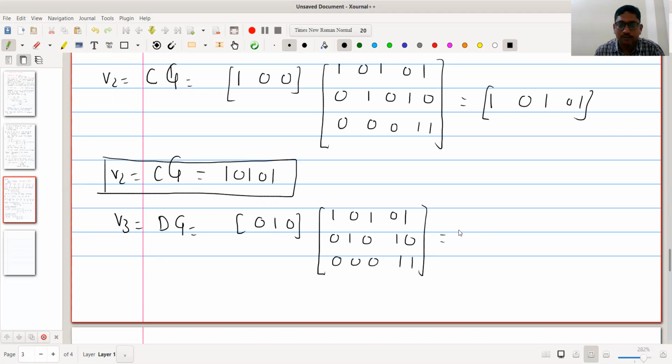So first row, first column will get 0. First row, second column will get 1. First row, third column will get 0. First row, fourth column will get 1. First row, fifth column will get 0. So D is encoded in C as V3, and it is 1 0 1 0 1 0.